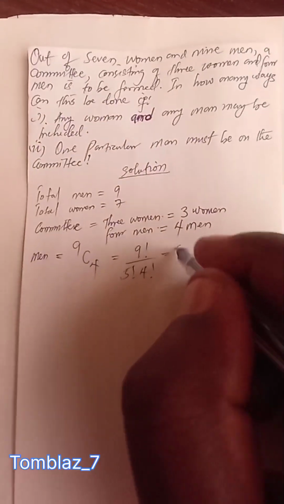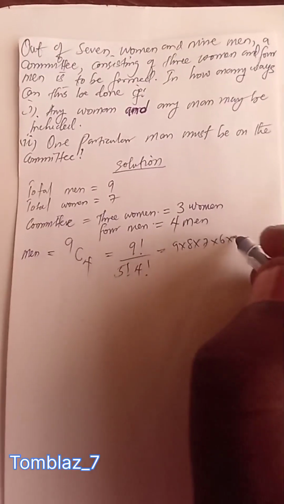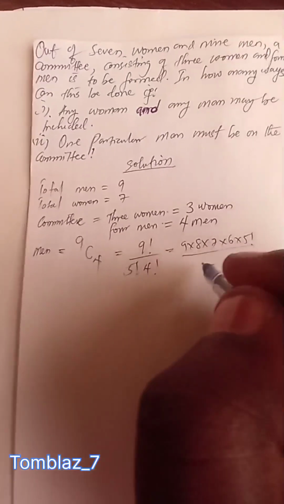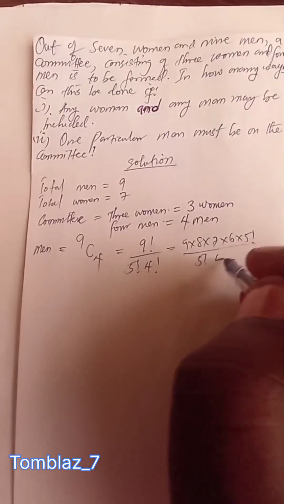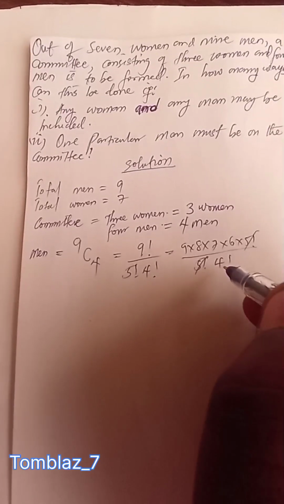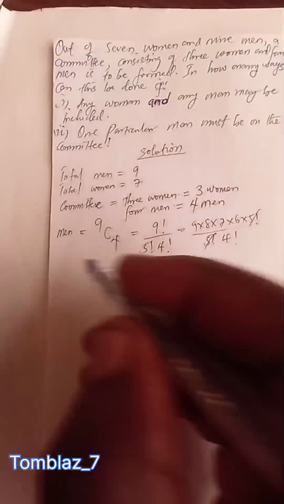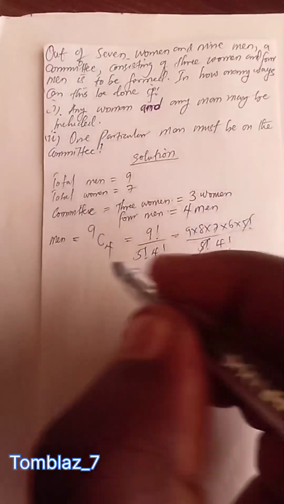So that will be 9 times 8 times 7 times 6 times 5 factorial all over 5 factorial 4 factorial. This cancels this. And then 4 factorial means, let's break down this also.